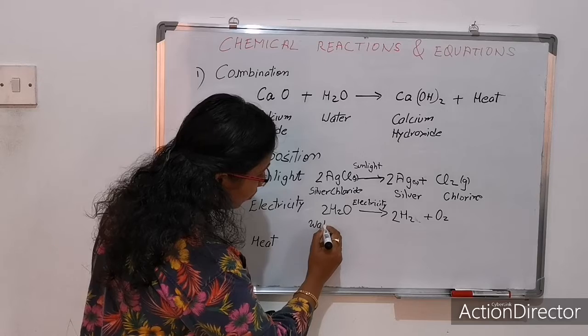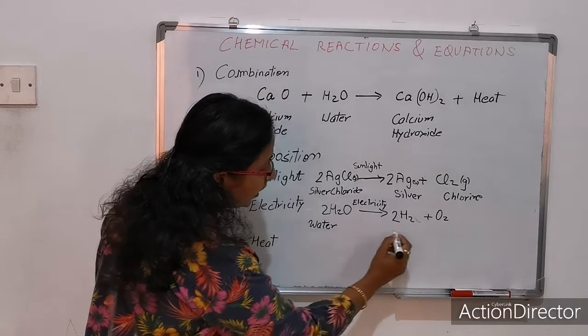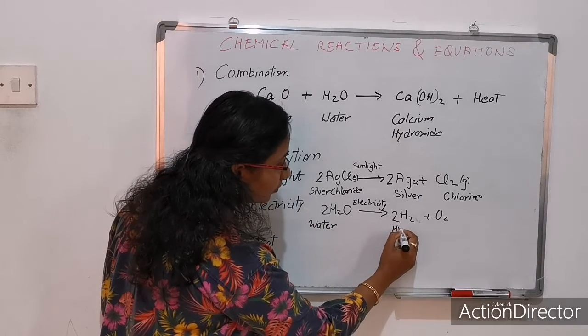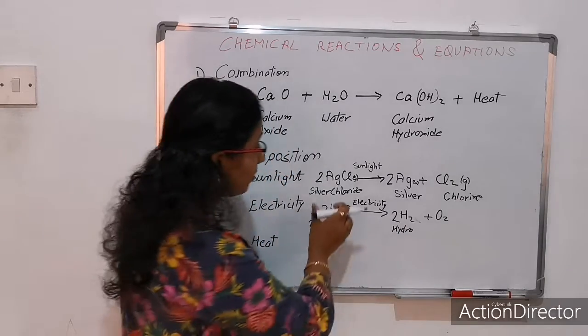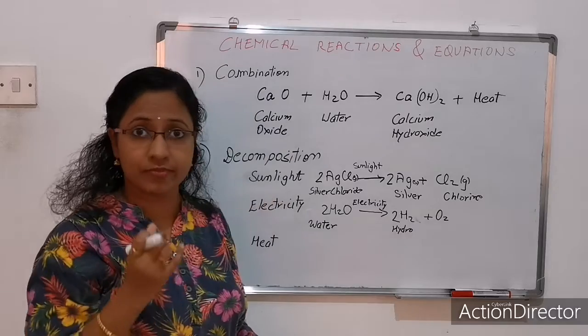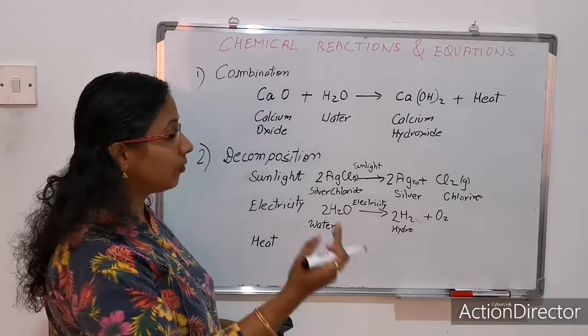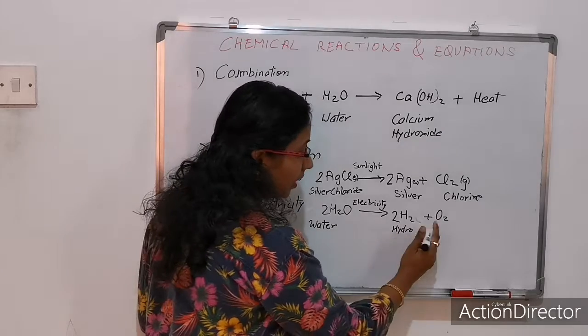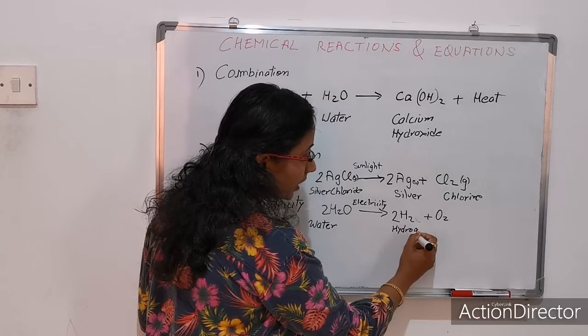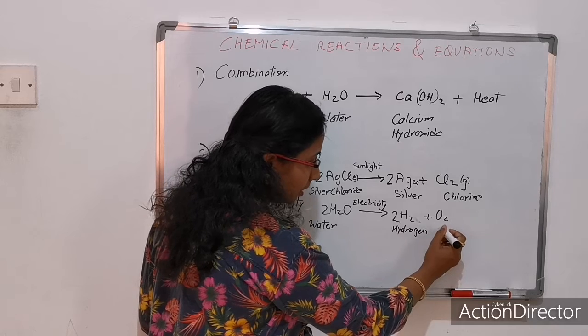Always remember you have to write the names of the reactants and products. Whatever is on the left side is called reactant, and whatever is on the right side is called product. Always write the names of the reactants and products, that is a must.